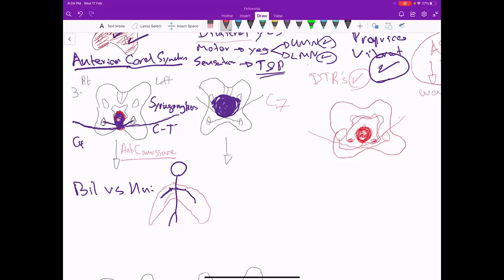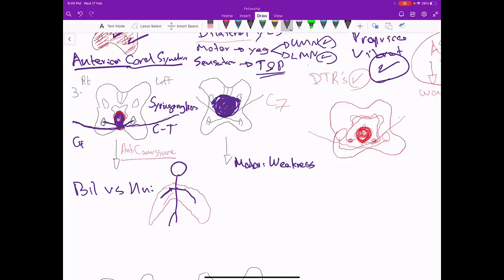So the corticospinal tract is partially affected, yes. But other fibers that are going down to the lower limb are still okay. This is one of the exceptions where we're going to have motor dysfunction, and that motor dysfunction is going to be weakness, not even paralysis.